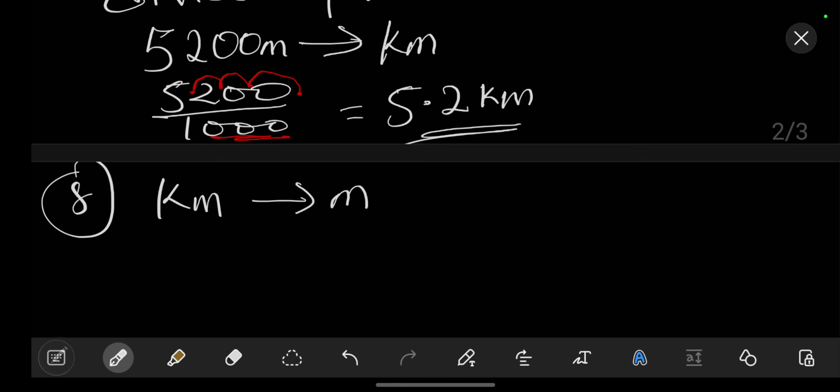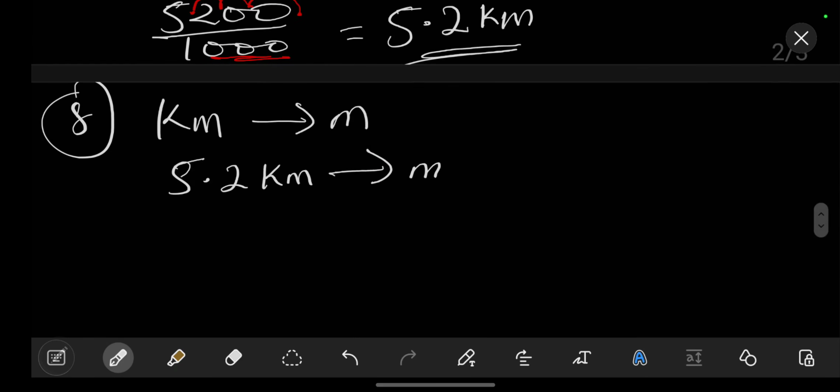And your job right now is to help me convert 5.2 kilometer to meter, and also help me convert 920 kilometer to meter. So this is a mini classwork for you. If you come across this video, make sure you do this yourself and comment with your answer in the comment section. I'll be there to look at your answers.